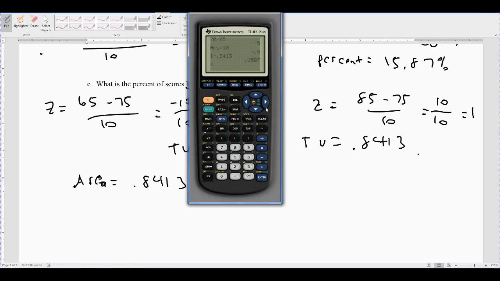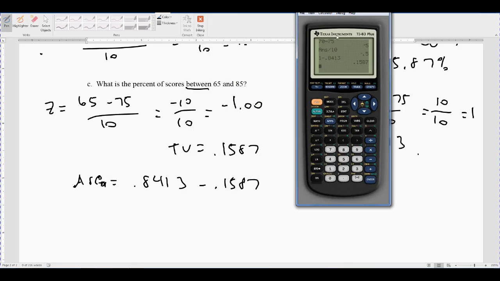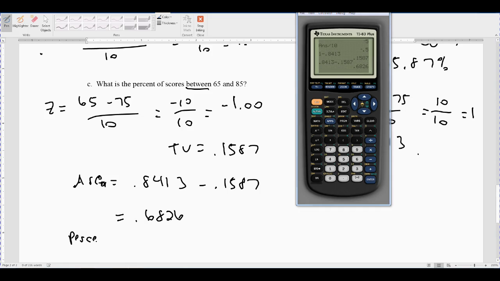And when we subtract that, 0.8413 minus 0.1587, we get 0.6826, which means the percent is 68.26%.